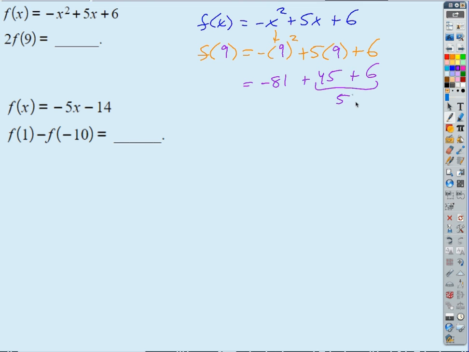Well, those two add up to 51, don't they? So negative 81 plus 51 is what? Yeah, good. Negative 30, right? So if that's f of 9, then what's 2 times f of 9? Negative 60, right? That's all we're doing here, just 2 times negative 30 equals negative 60.